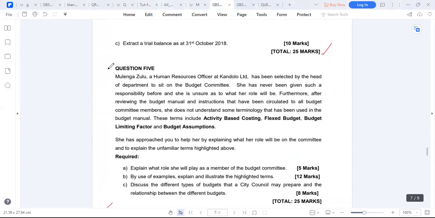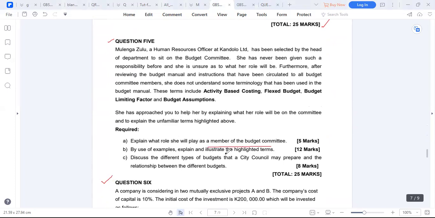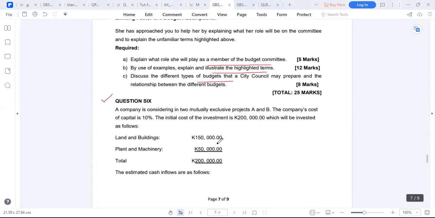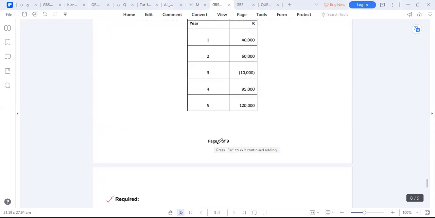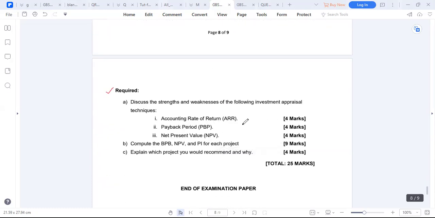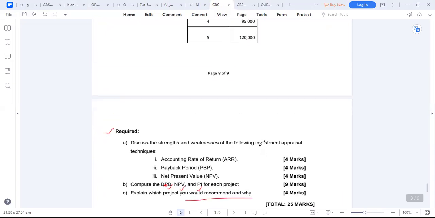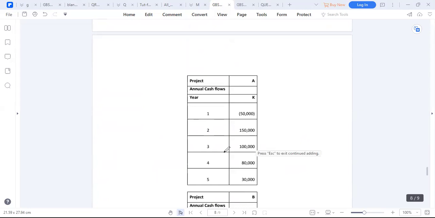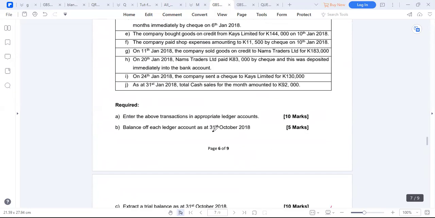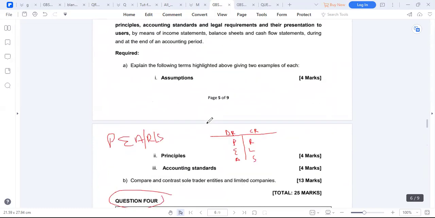We already tackled this yesterday on the roles of committee members. We also illustrated types of budgets and explained. We also did capital budgeting, calculating payback period and profitability index, and I explained all this.